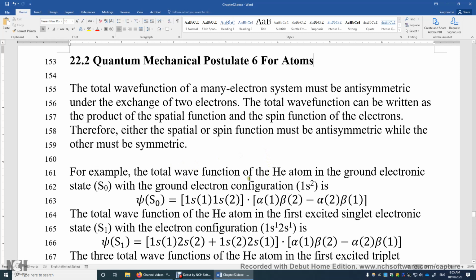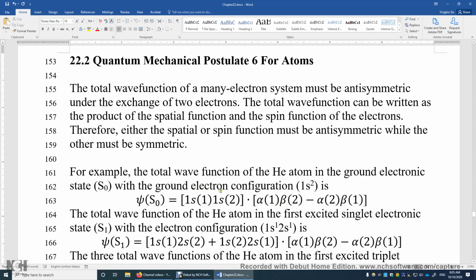The total wave function of the helium atom in the ground electronic state is S0. So 0 means ground state, S means singlet, with a spin multiplicity of 1, with the ground electron configuration 1s2. Now you see a product of the spatial function here and the spin function here.